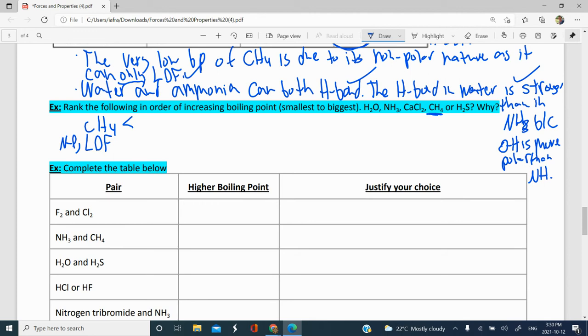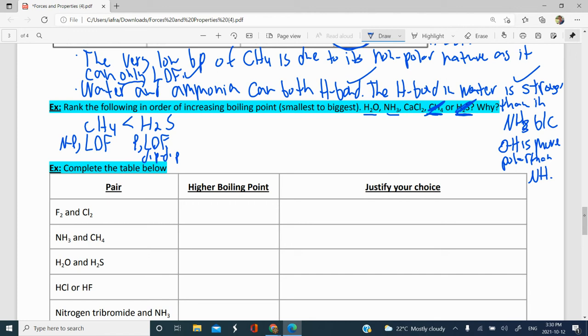Now, I know these two can hydrogen bond, so they're probably not going to be next. But this one can't hydrogen bond. It's polar, but it can't hydrogen bond. So that one there is coming next. So it is polar. It can do LDF, and it can do dipole-dipole. Now, we got that one out of the way.